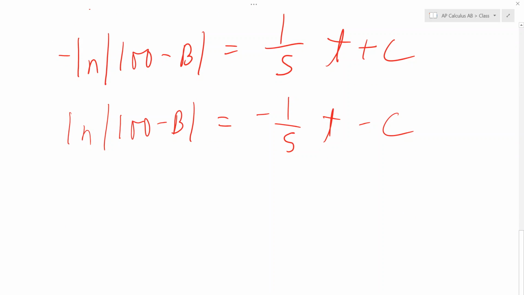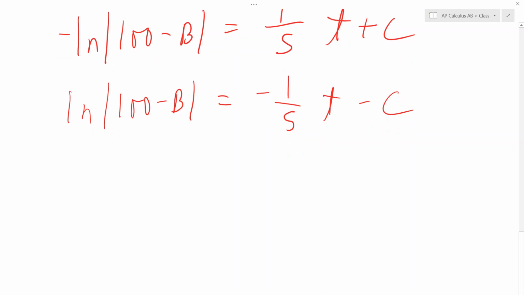We should have found C in the first step, usually is what I do. But when I plug in 20 for B, I plug in 0 for t, and we get that. Is that okay? Which means C is really negative ln of 80.